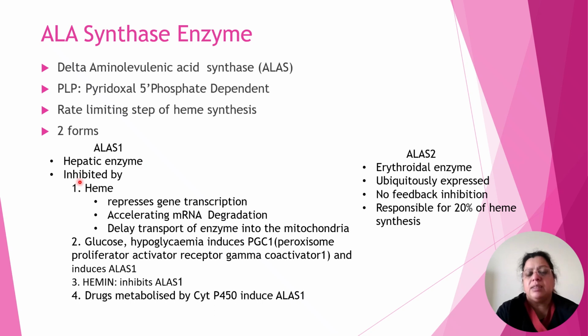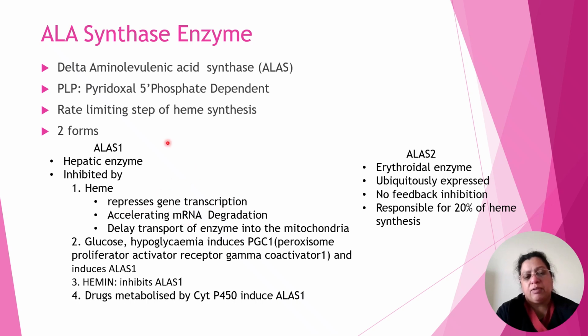So this hepatic enzyme is inhibited by its product, which is heme. And just to touch upon how heme inhibits the porphyrin synthesis, it represses gene transcription and accelerates the mRNA degradation.